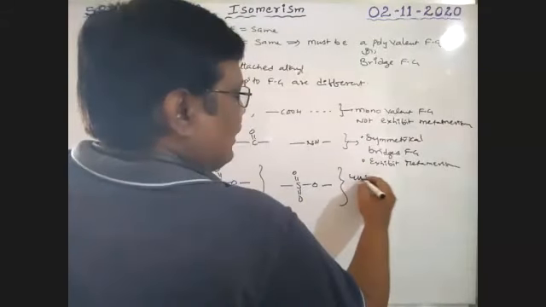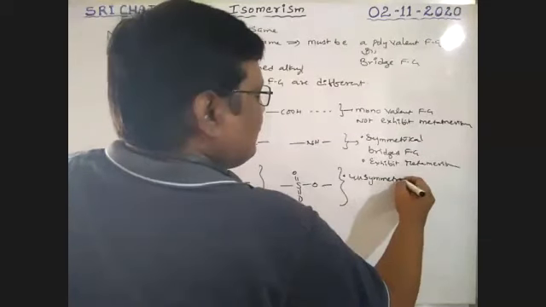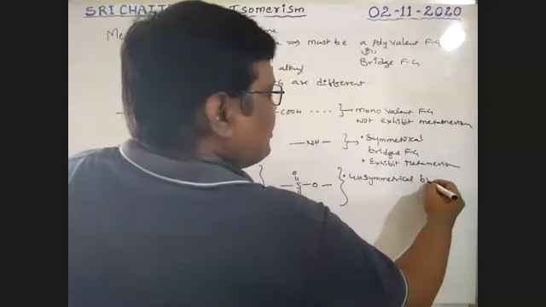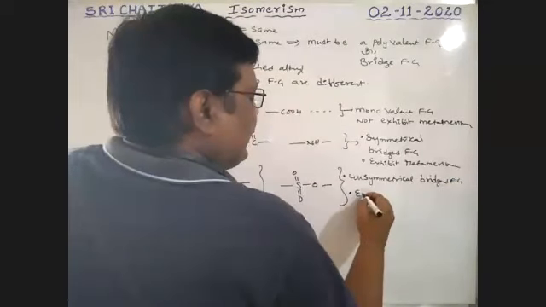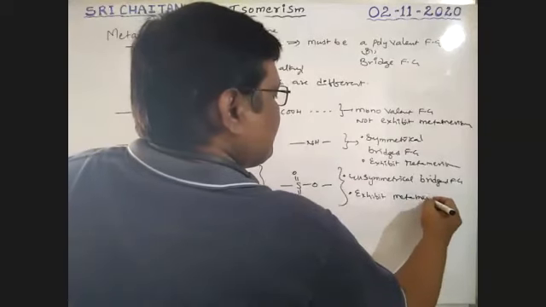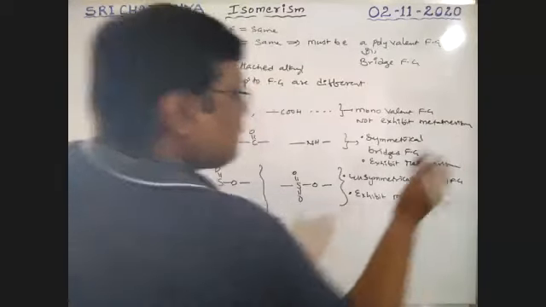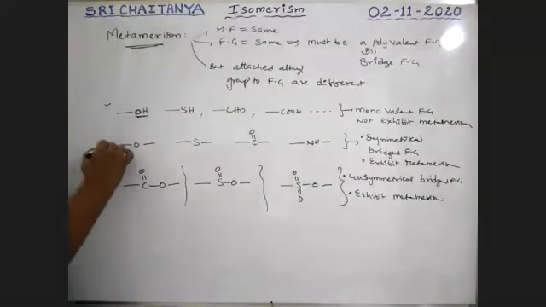These are unsymmetrical bridged functional groups that exhibit metamerism. That means these are not exhibiting metamerism. This one and this one exhibit metamerism.